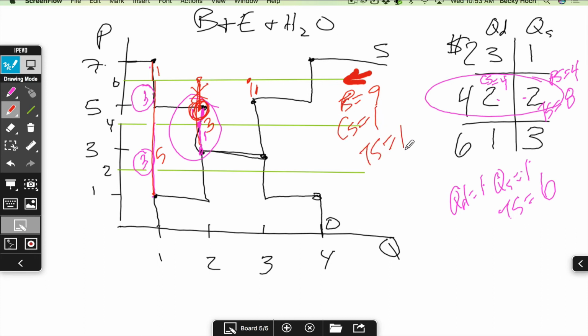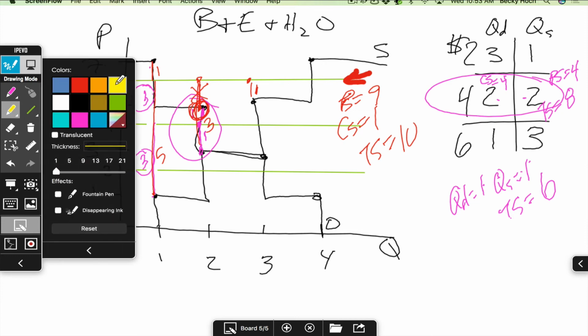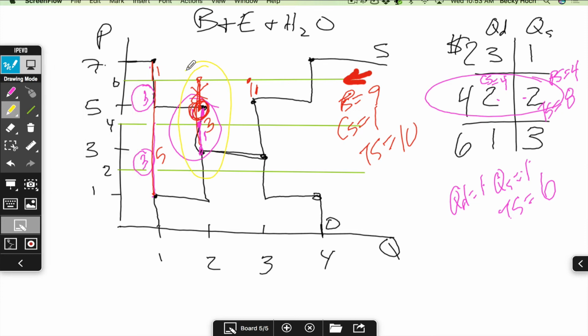I'm confused. Here's your problem. They don't get the surplus. I didn't sell this bottle or this bottle. So I only sold this one, and I only bought that one. So total surplus actually equals 6.